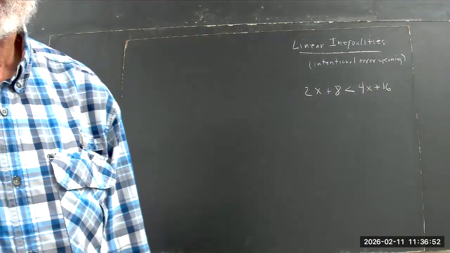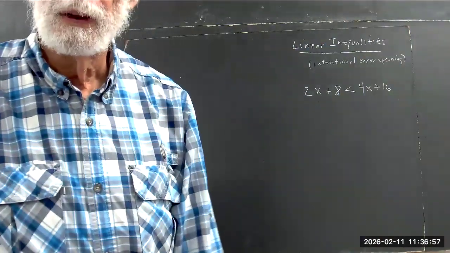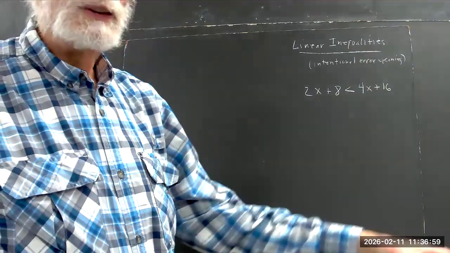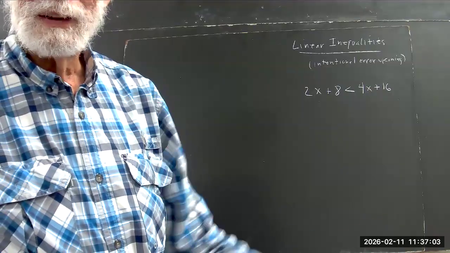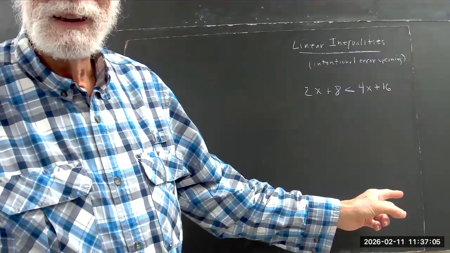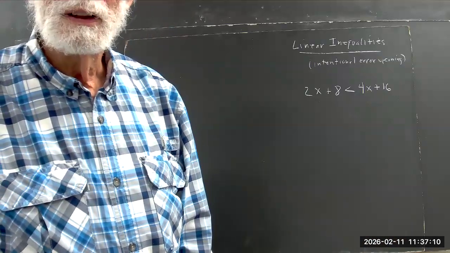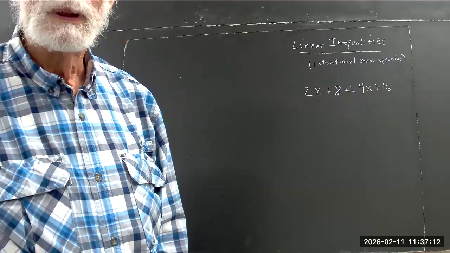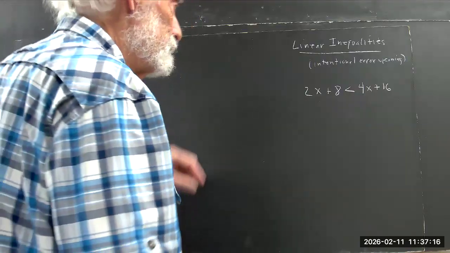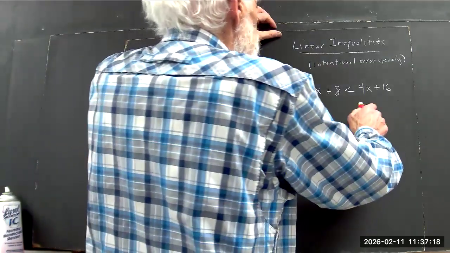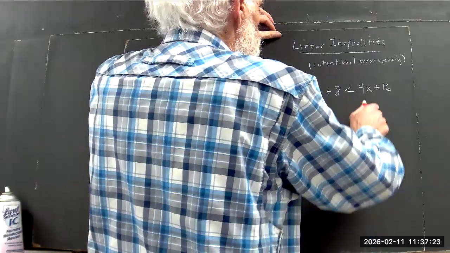Okay. Now I'm going to treat this less than just as if it was an equal sign. And you can do that a lot of the time, but there are times when you can't. This is going to be one of the times when you can't, but I'm going to go ahead and treat it like an equal sign until I check and find out that my solution is wrong. Okay? So, first of all, I subtract 4x from both sides.